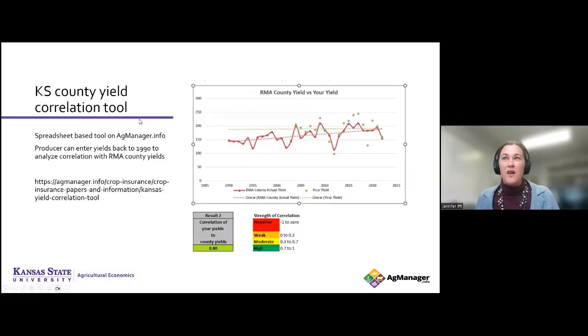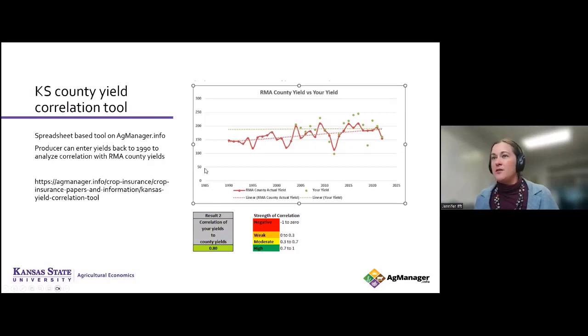We also have a yield correlation tool, and this is for producers who have yield records. All you have to do is say what county you're in, whether you have an irrigated or non-irrigated practice, and the crop. And you can put in your yields. You don't have to go all the way back to 1990, but if you have it, we'll use it.